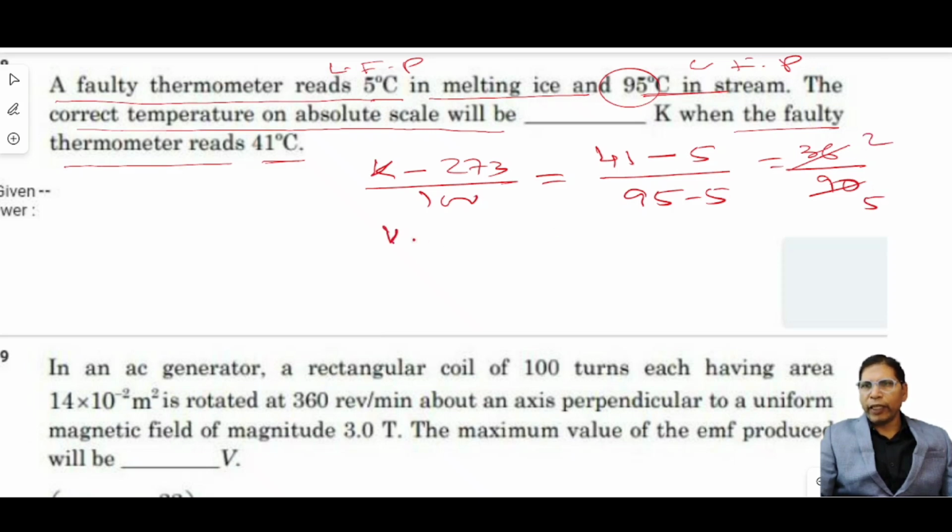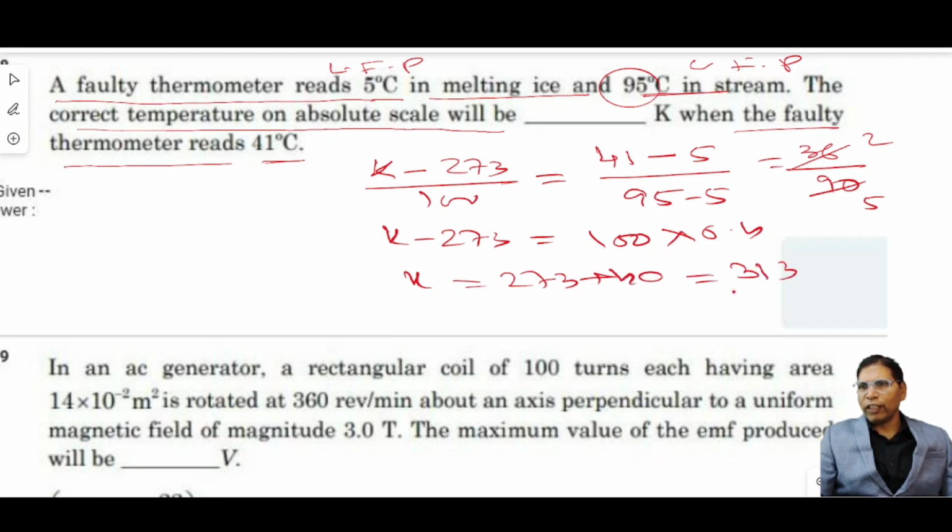So K minus 273 equals 100 into 0.4, that is 40. Therefore, K equals 273 plus 40. Therefore, 313 is the correct answer.